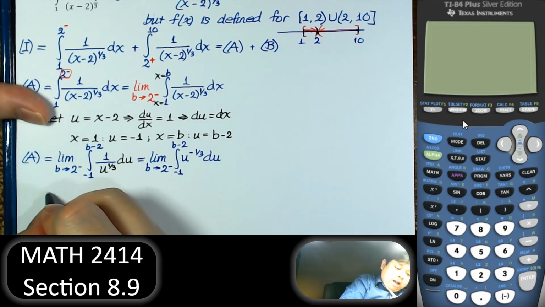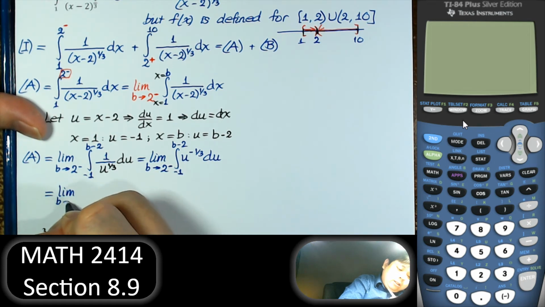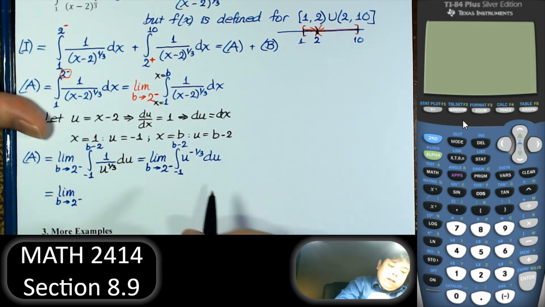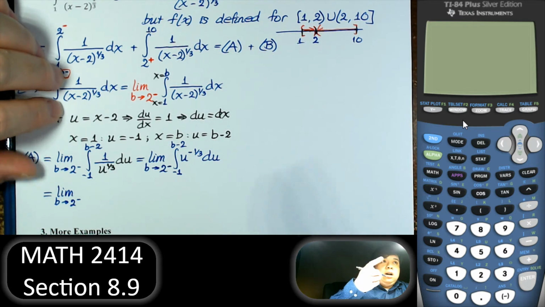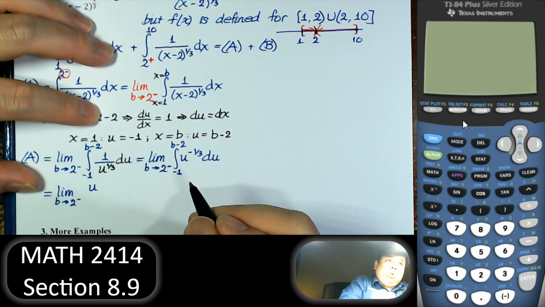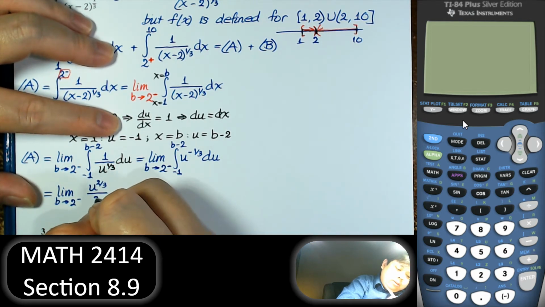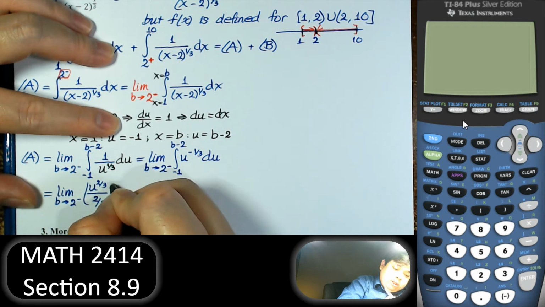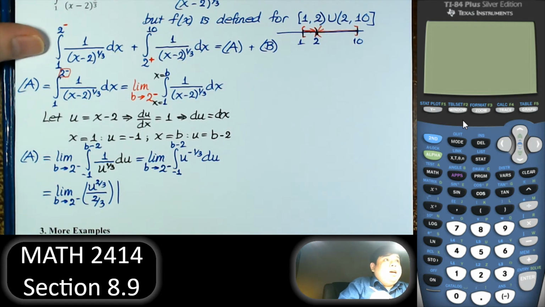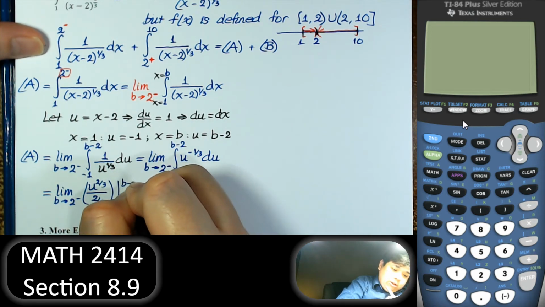Now the integral of that is u to the power increased by 1, negative 1/3 plus 1 is 2/3. The limit is negative 1 to b minus 2.